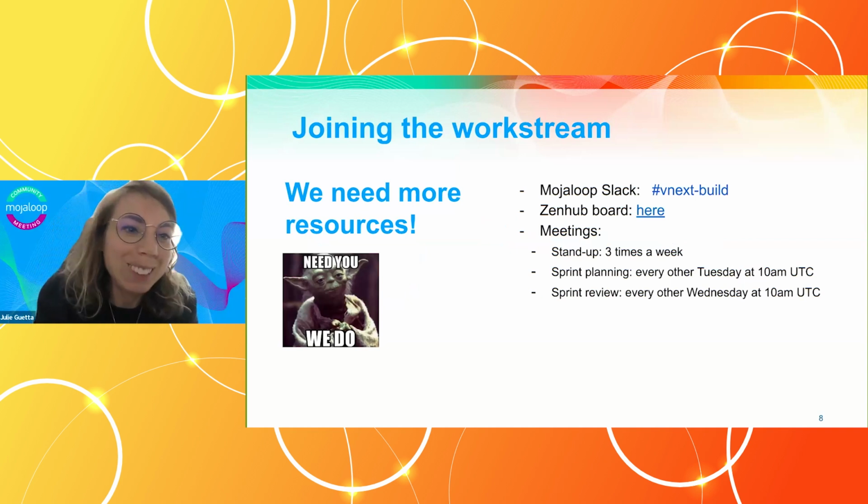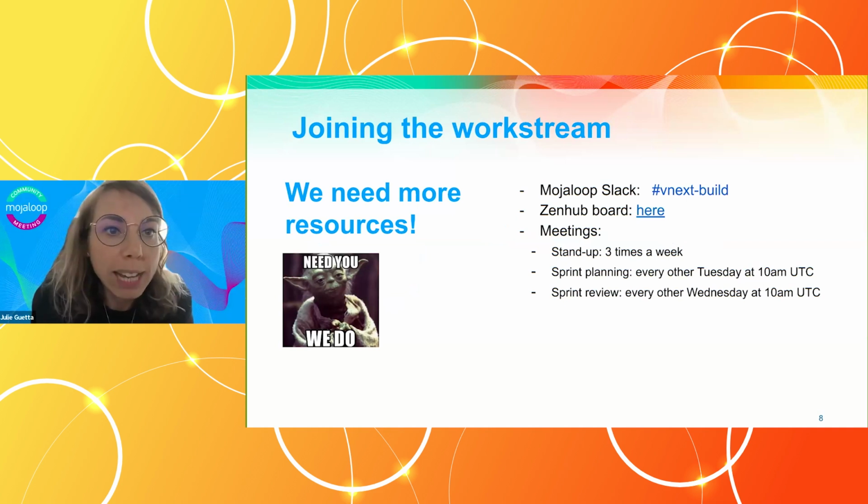So we really need more resource on this work stream. We are clear on what we want to do and which tasks are high priority. Unfortunately, we often struggle to resource these tasks. So if you want to join the work stream, please feel free to do so.